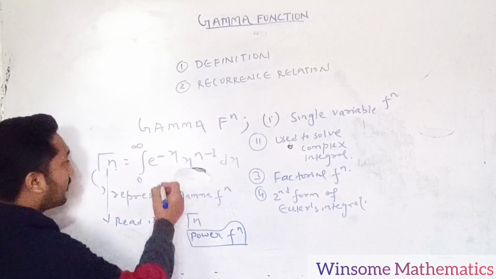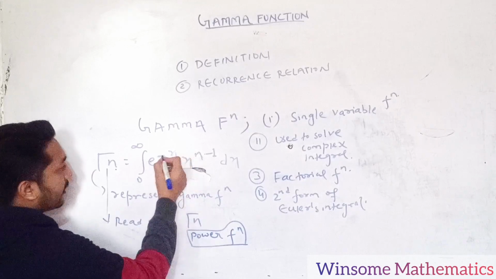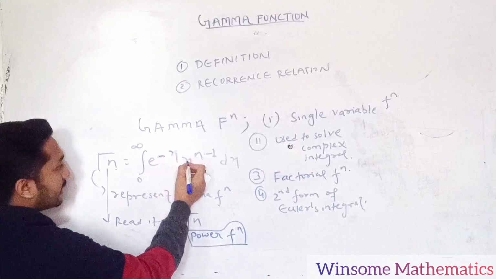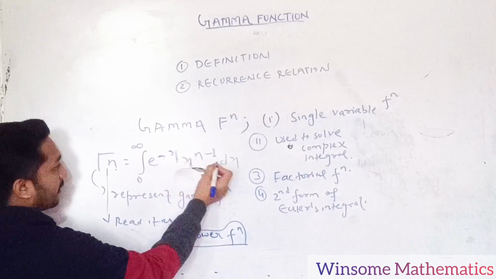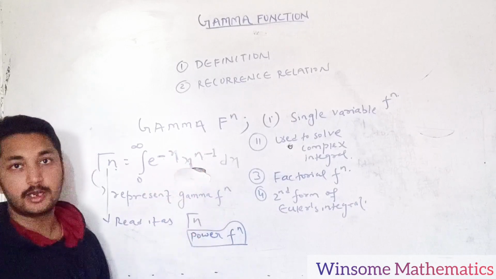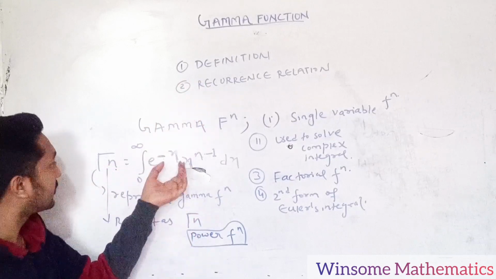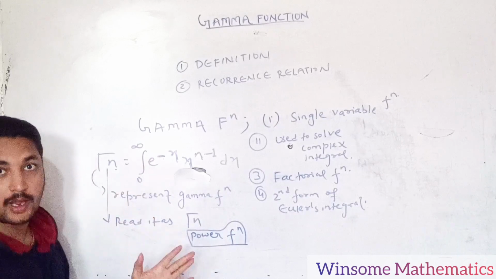Here it is e to the power of minus x, not only a positive power: e to the power minus x, then dx. Like e to the power minus m, then dm. Okay, e to the power minus p, then dp. Now think to identify it.